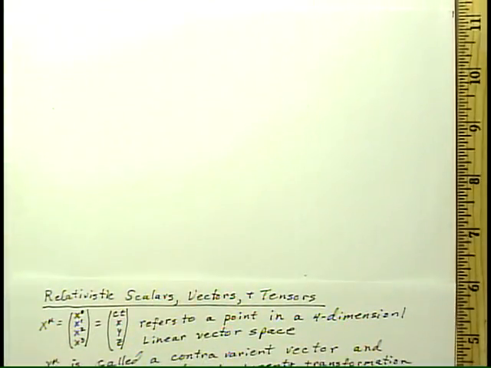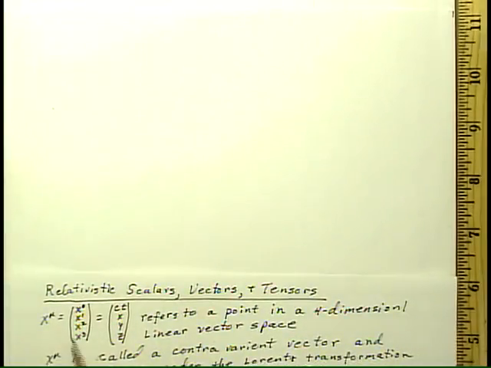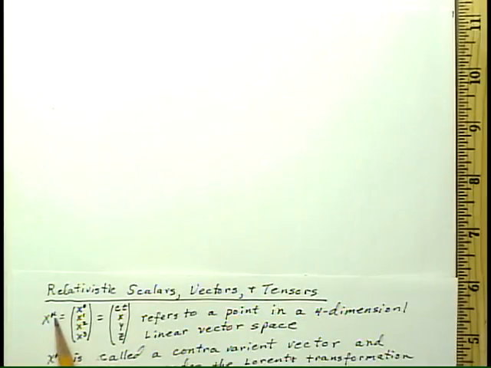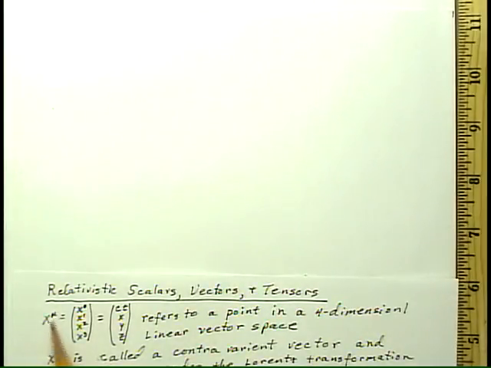If we think of these as making up a column here, x0, x1, x2, and x3, we generally say that we can refer to any arbitrary one of these as x mu, where mu is an index that refers to mu equal to 0, 1, 2, or 3, and therefore referring to ct, x, y, and z.